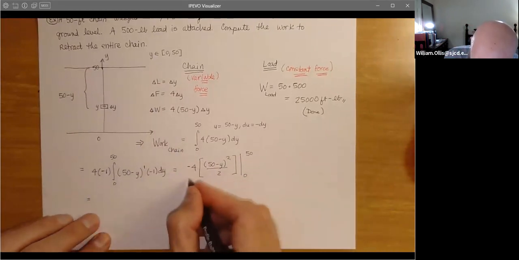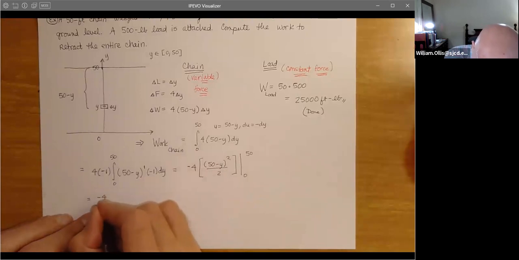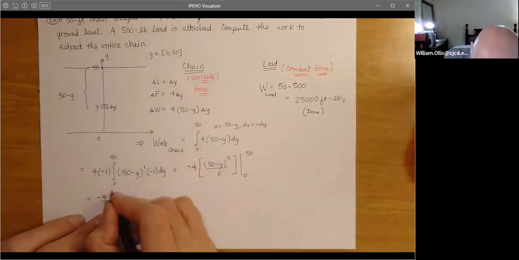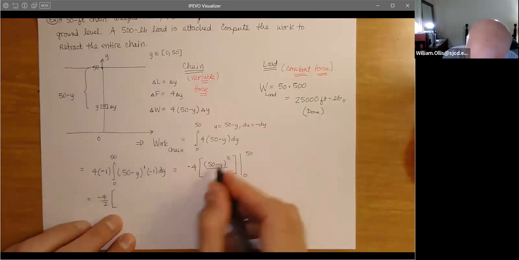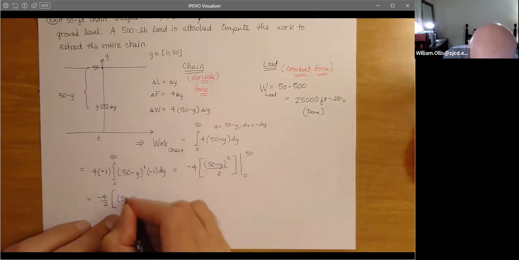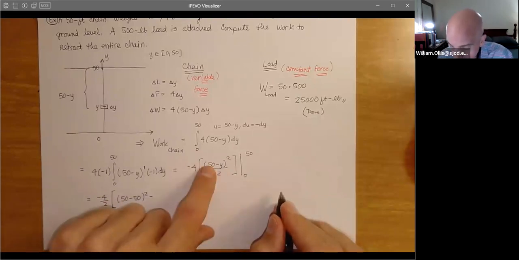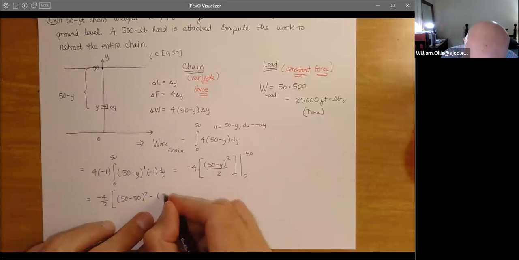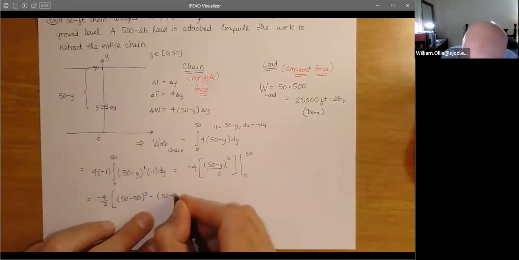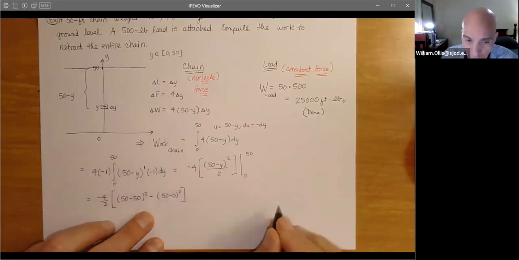So now, of course, we can bring the 2 out. So we have negative 4 over 2. And then we can substitute the 50. So that will annihilate. And then, of course, we get 50 minus 0. All right.